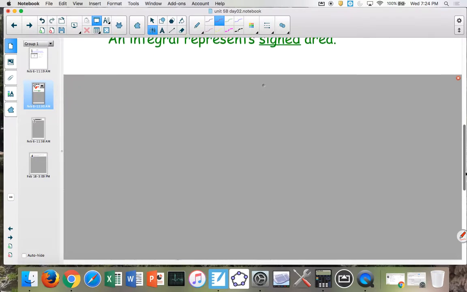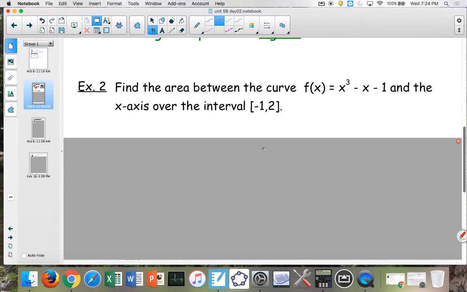Let's look at another example. Find the area between this curve and the x-axis over the interval -1 to 2. At any point during these examples, you may wish to hit pause, try and work the problem out, and then verify it with my solution.